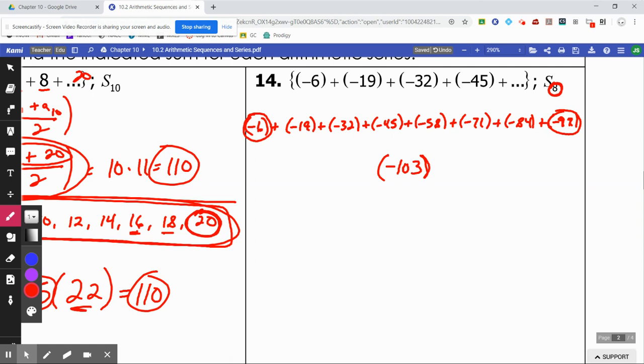So take these 8 numbers and put them into groups of 2. There are going to be 4 groups. How do I know that? 8 divided by 2. One here, one here, one here and one here. I don't have to do this every time. There's my 4 groups. All those groups add up to negative 103. So 4 negative 103s gives me negative 412, which is my sum.